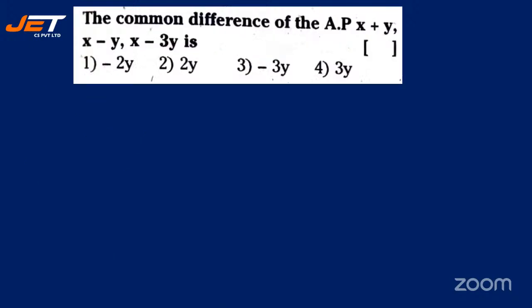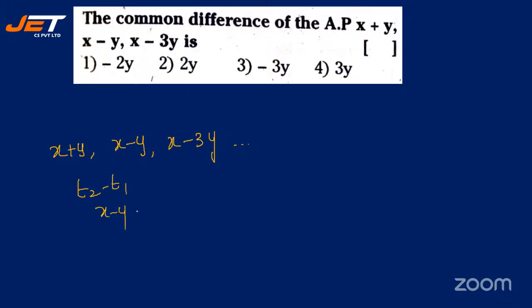The next question. The common difference of the arithmetic progression x plus y, x minus y, x minus 3y. So they are clearly saying that it is AP. It means T2 minus T1.